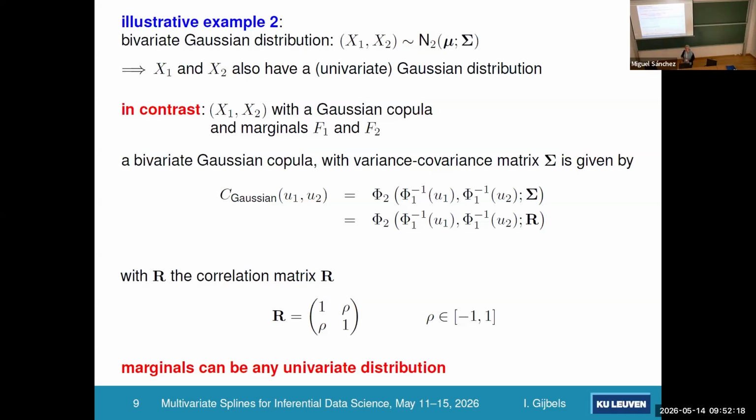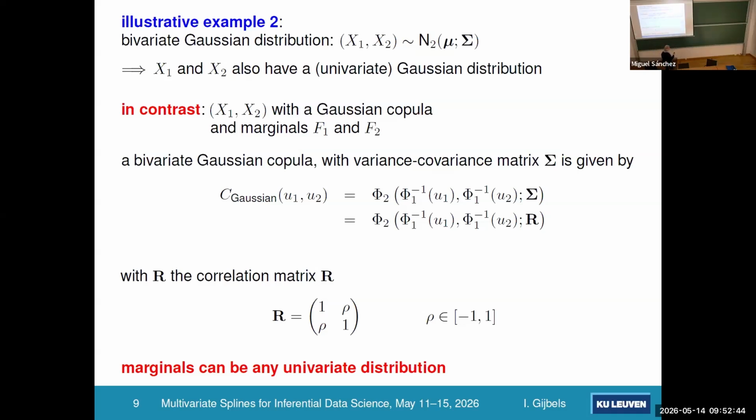Just going back to what I did before, a copula is nothing else than the joint distribution function of these uniformized marginals, right? So here, a Gaussian copula is nothing else than you take the cumulative distribution function of a bivariate normal with this variance-covariance structure, and you apply it to these univariate quantiles, right?